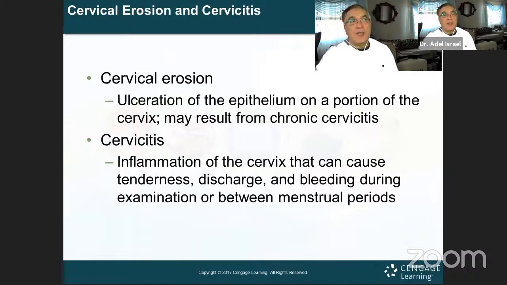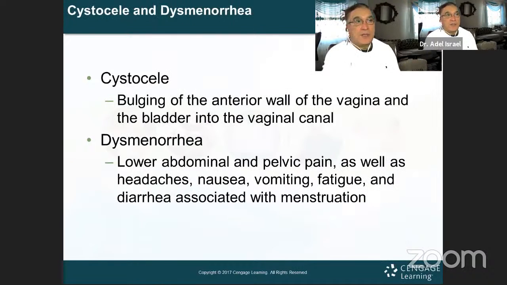Of course, this cervical erosion has to be treated perfectly, otherwise it will lead to cancer. Chronic cervicitis and cervical erosion, if not managed early, will lead to cancer of the cervix.